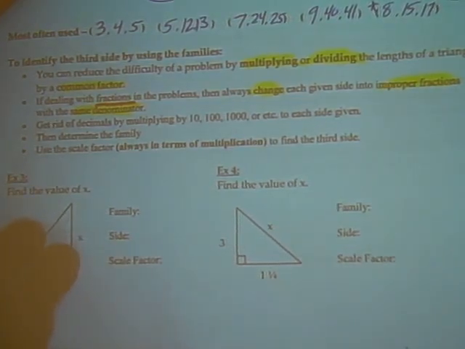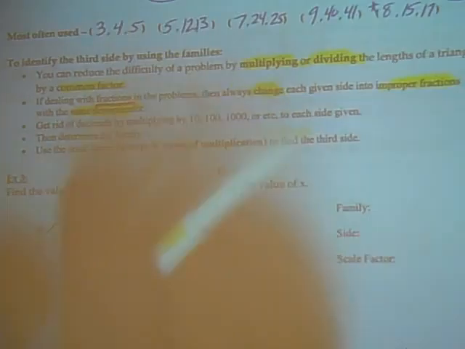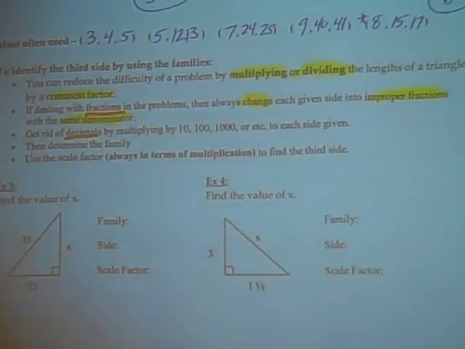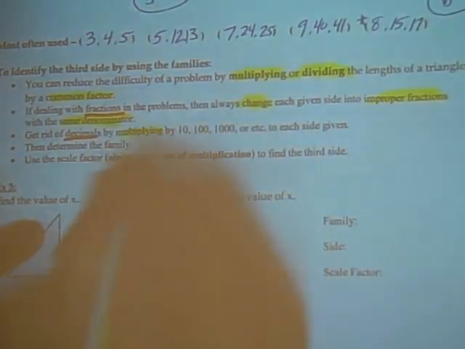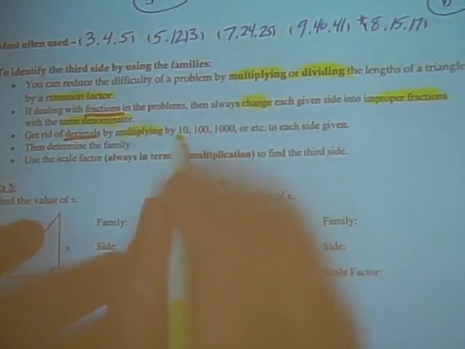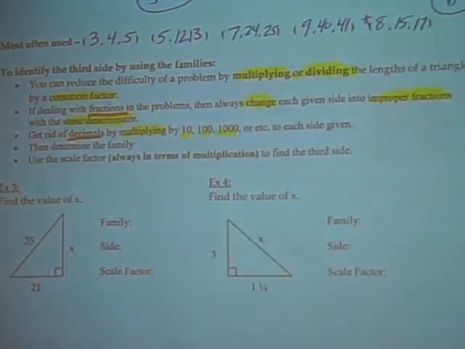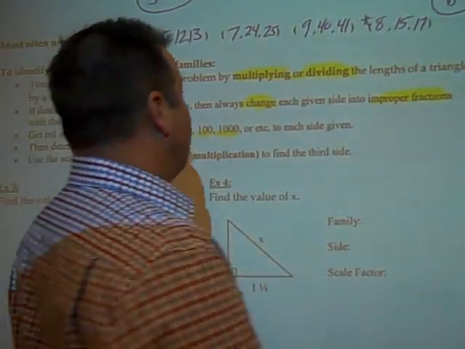Get rid of decimals. If we have decimals, those scare us a little bit too. How do we get rid of decimals? By multiplying. Multiply all the numbers by either 10, 100, 1,000, etc. until the decimals are gone. Then we go ahead and determine the family.